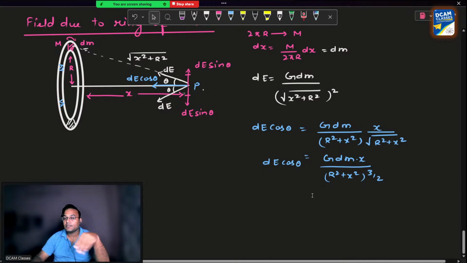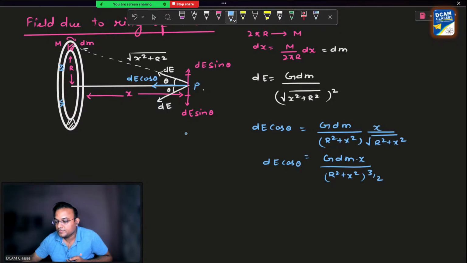But if they have changed something, if they have given some mass density, and the mass density is variable and depends on the radius r, then you have to integrate. Then you have to follow this process. That's why I'm telling you this process. Okay, sir. I'll see if this kind of question is there, I'll find out and then give you. Don't worry.